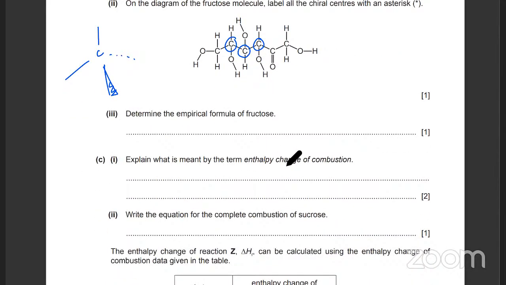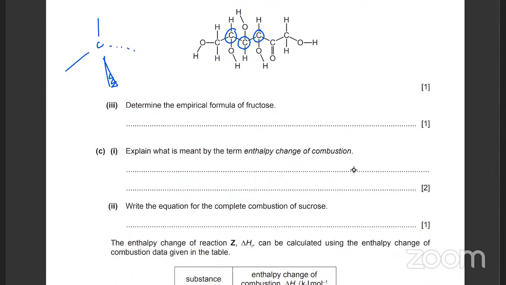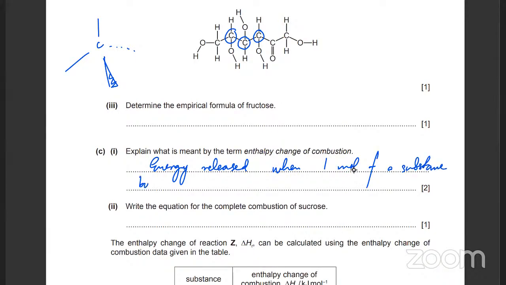Explain what is meant by the term enthalpy change of combustion. So it's the energy released when 1 mole of a substance or compound burns in excess oxygen. Remember to use the word excess, because it's complete combustion, excess oxygen.